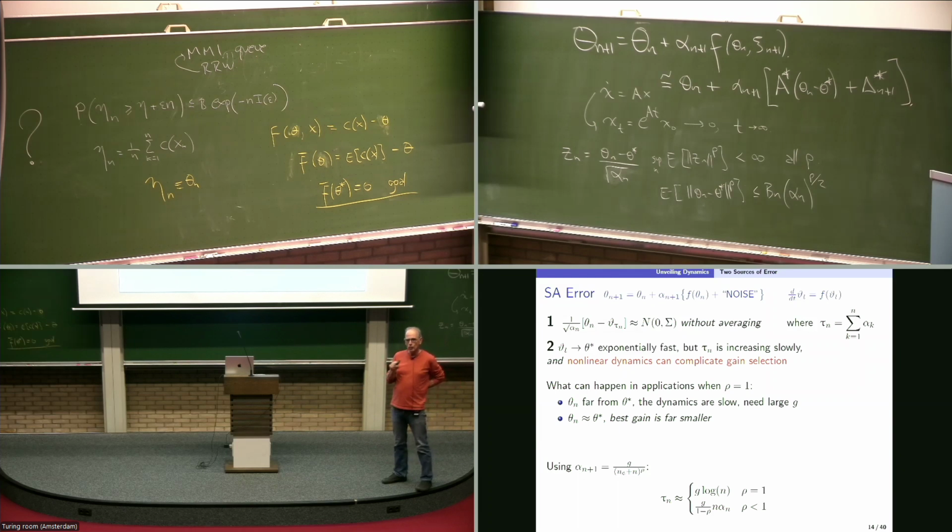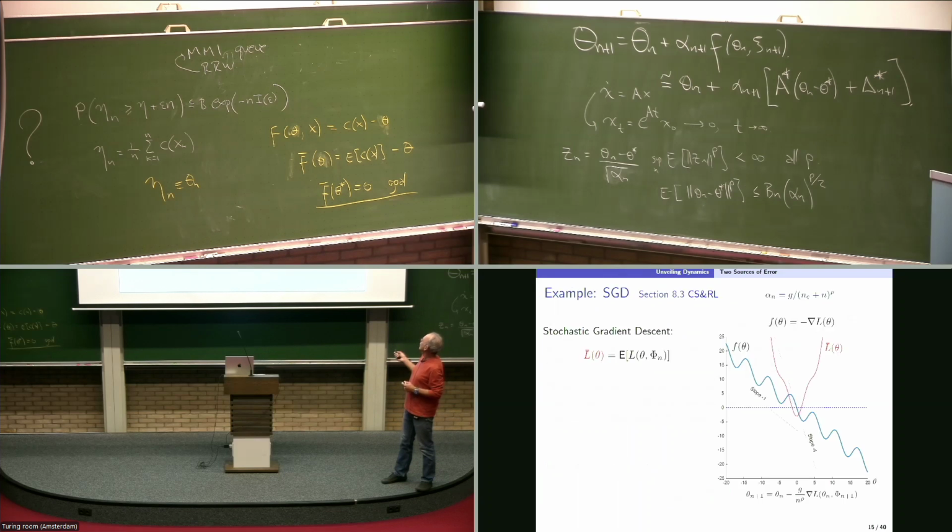But if you were using a 1/n step size, then if you're far from theta star, you might need a large g. When you're near theta star, a small g. And you would really end up having to create something like Adam, where you have this adaptive g, which is completely complicated and not needed. So just don't do this.